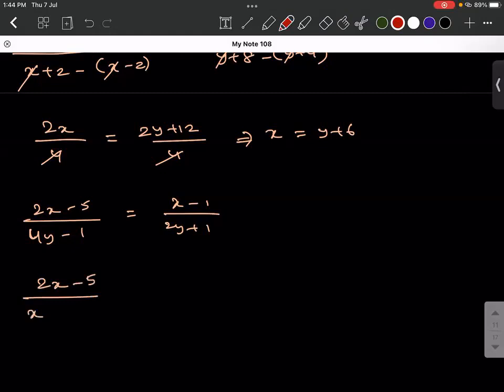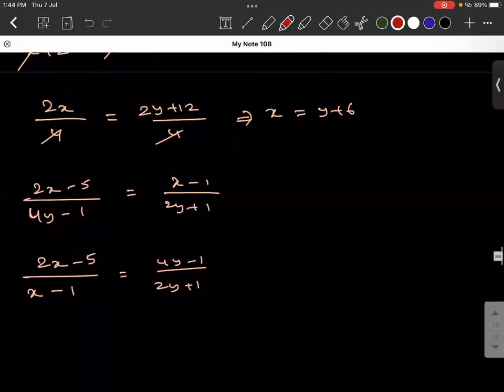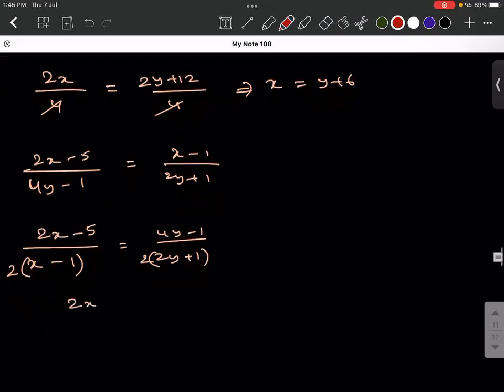Can I rearrange it like this? (2x − 5)/(−1) = (4y − 1)/(2y + 1). I took this to the other side, I just swapped the values. Now what I'll do is multiply with the 2 here and multiply it with the 2 here. When I do that, (2x − 5)/(2x − 2) = (4y − 1)/(4y + 2). Now you can apply componendo-dividendo.